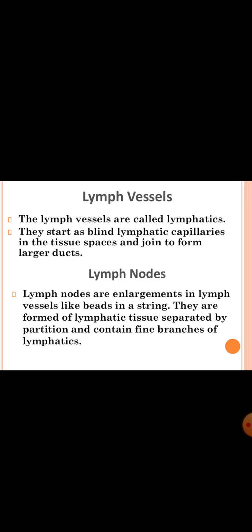They are present in the neck, armpit, and groin. Tonsils and adenoids are masses of lymphatic tissues. In our human body, the thymus gland and spleen are lymphatic organs.